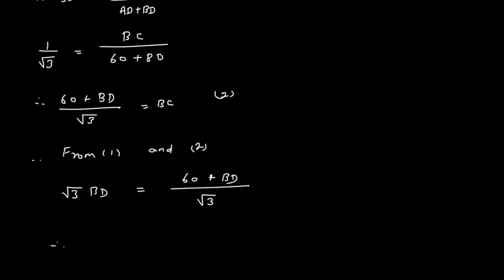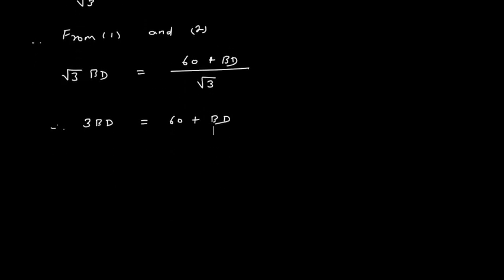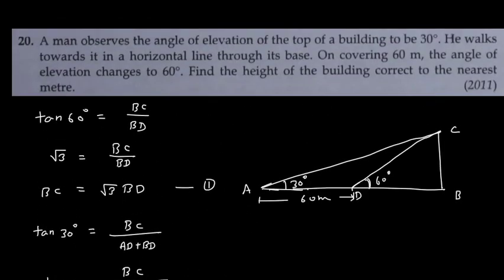This root 3 multiplies with root 3 BD, and I get 3 BD is equal to 60 plus BD. This BD will come to the left, and I get 2 times BD is equal to 60. Therefore BD is 60 divided by 2, which gives 30. So the value of BD is 30.